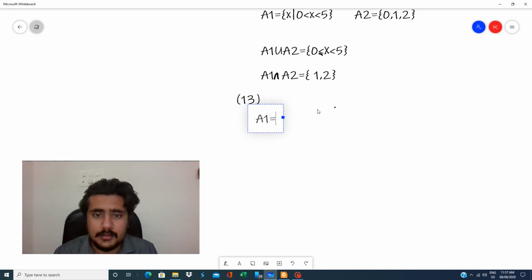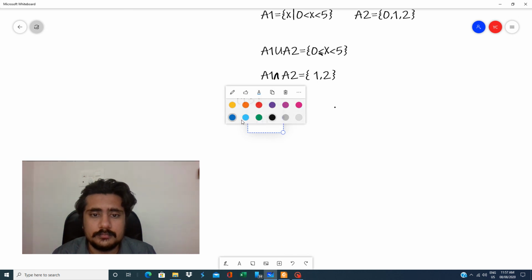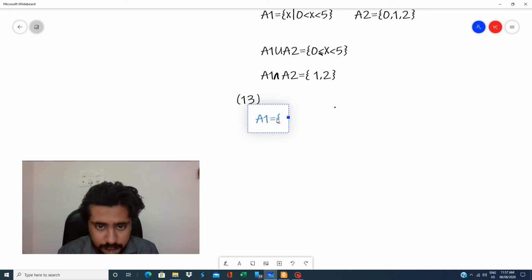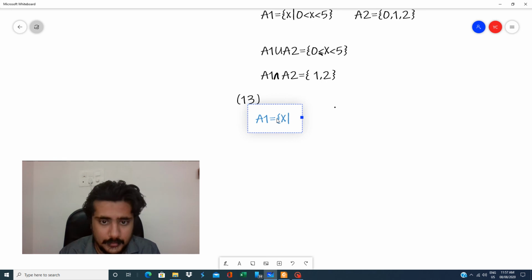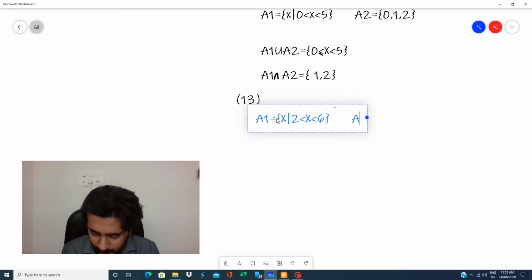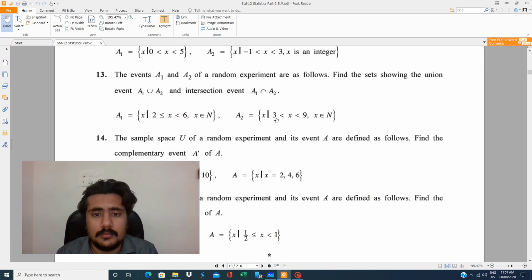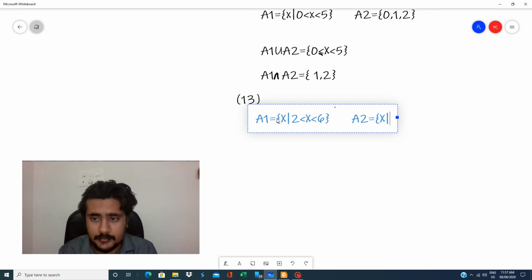A1 is equal to x belongs to 2 less than equal to x less than equal to 6 and A2 is equal to x belongs to 3 less than x less than 9.